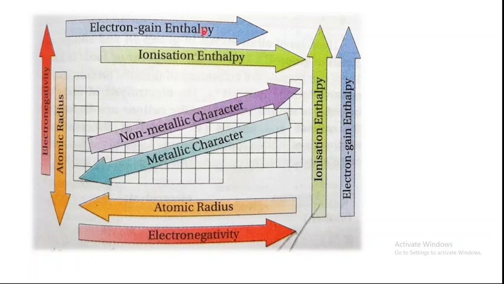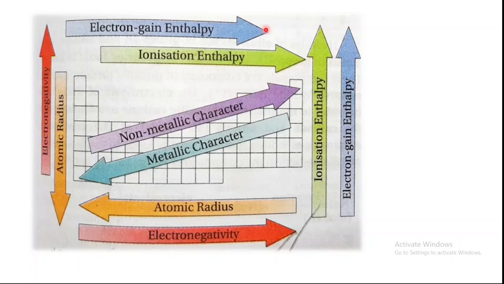Here, an exceptional result is that the electron gain enthalpy of chlorine is unexpectedly greater than fluorine. The reason behind this is that the electrostatic attractive force of the nucleus favors the addition of an electron to the small size fluorine atom.